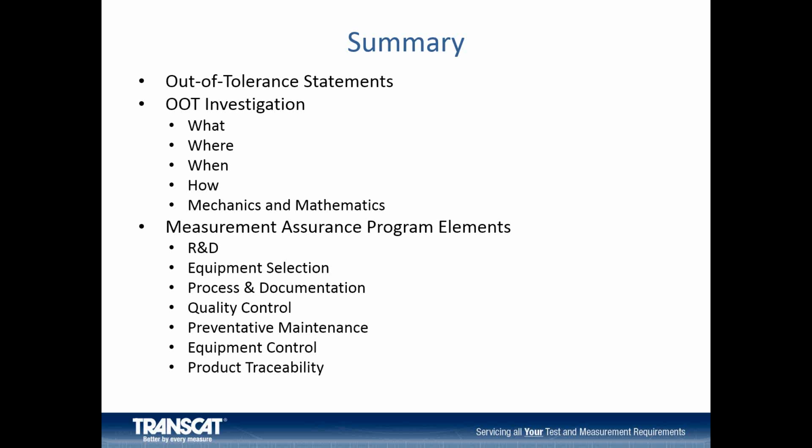Remember, the overall objective is to filter out as many items as possible that do not need closer analysis so you can get to the ones where detailed analysis is required. All this evaluation and analysis is a tremendous amount of work. A well thought out electronic system linking your instrumentation to processes and product traceability as part of a measurement assurance program can ease the burden of these evaluations and analysis.